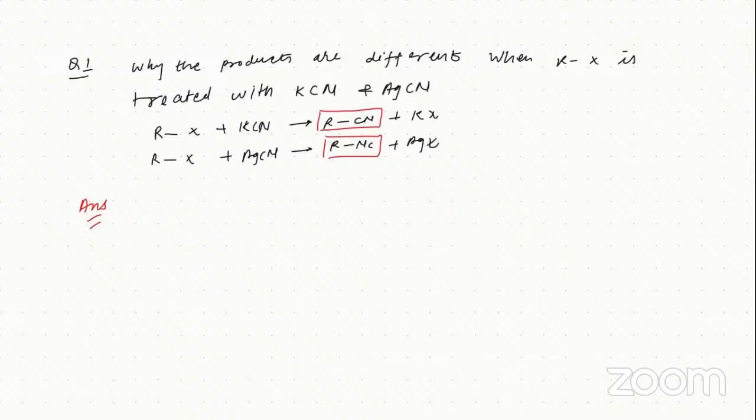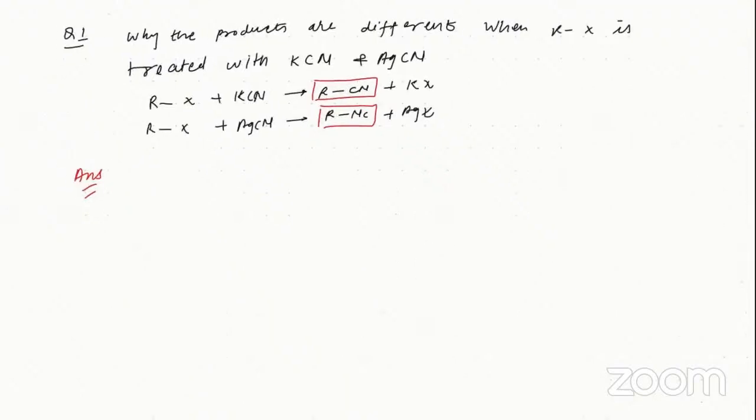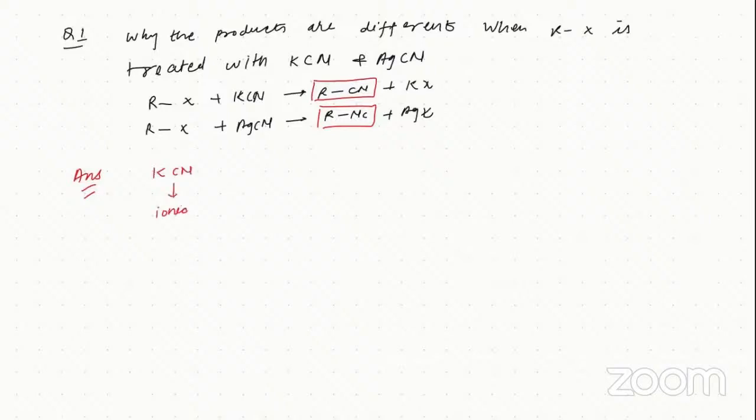Mm, no, sir. This one I cannot. Yes, KCN. KCN is an ionic compound. If it ionizes, then it will give K plus and CN minus. So the negative charge is on carbon.